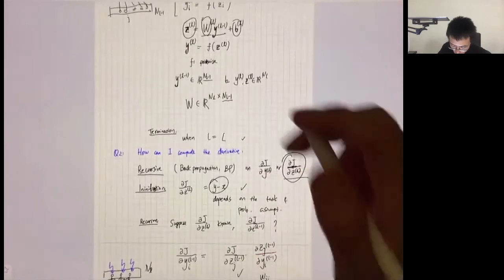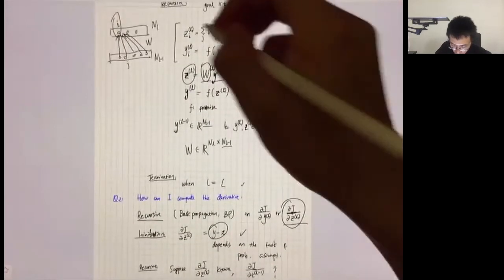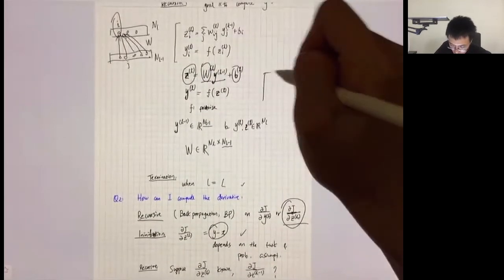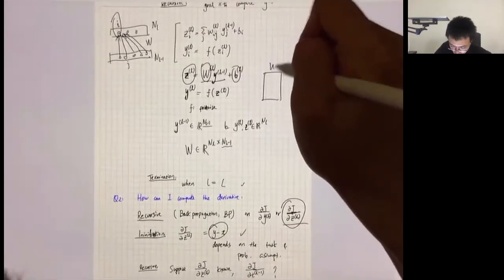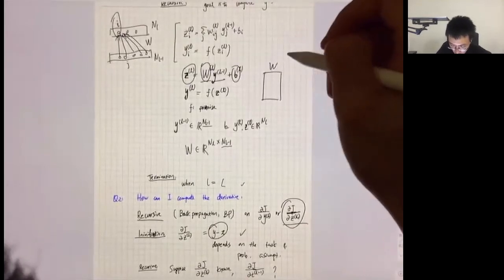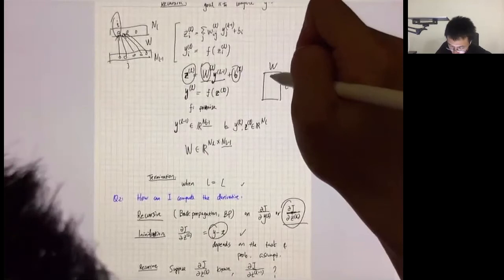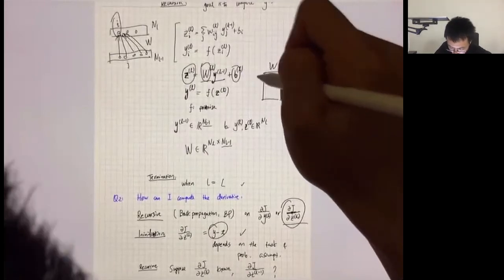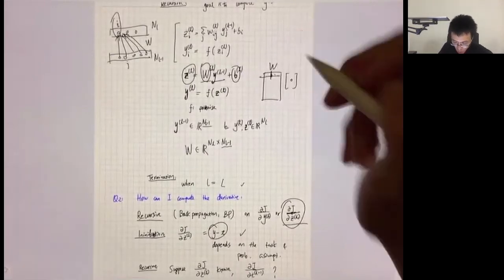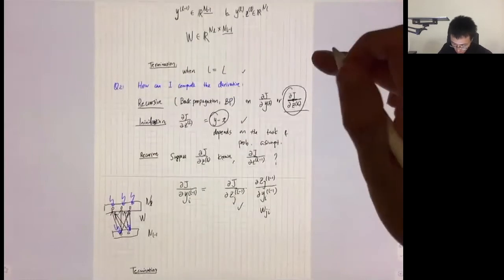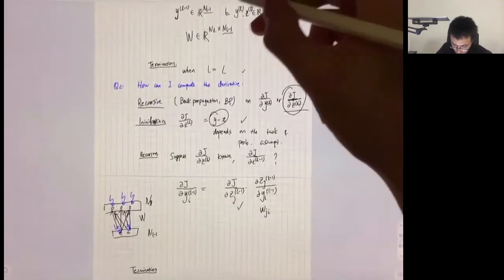So let's consider a matrix W. This is the W matrix. So if my lower layer is a thin layer, then you get a point, which is this point. So it should be the upper index first, then the lower index. So it should be the upper index, Wij.